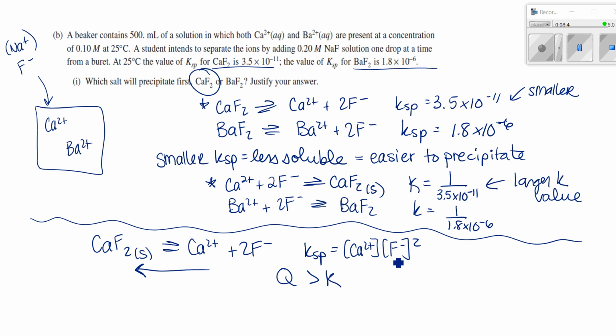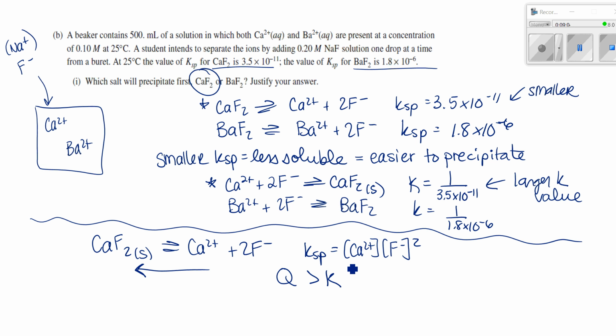So this is your K expression. To solve for Q, you would just plug in the given concentrations of calcium and fluoride. And if you think through this scenario, as you're gradually adding fluoride ions to your mixture, your concentration of fluoride is increasing.